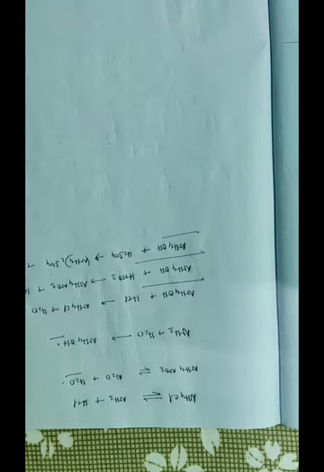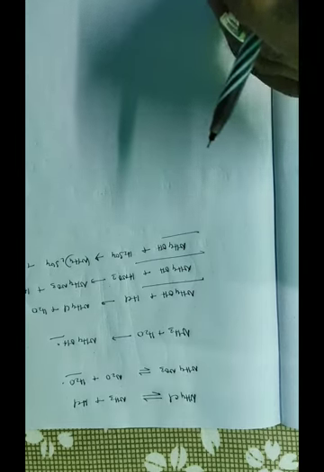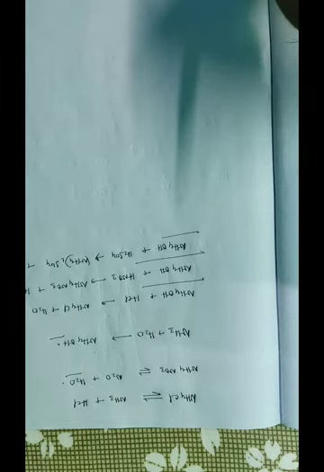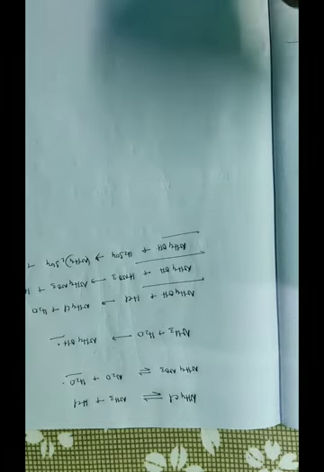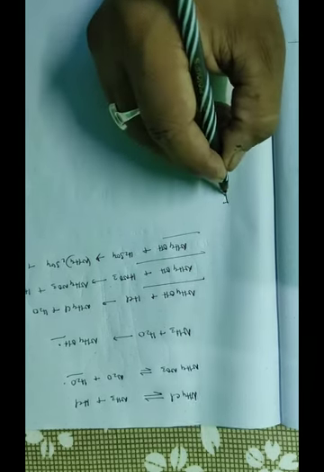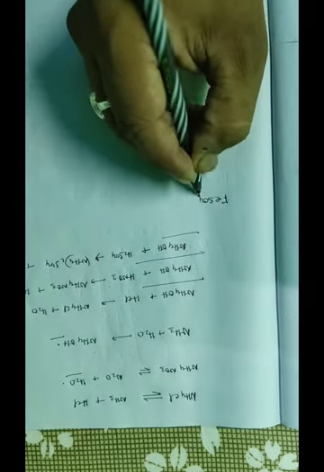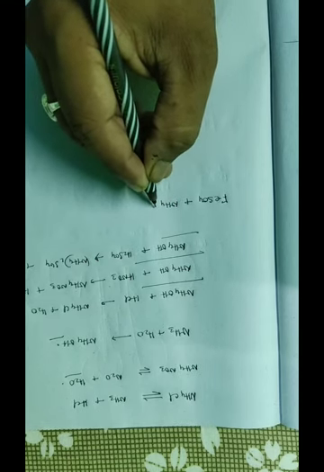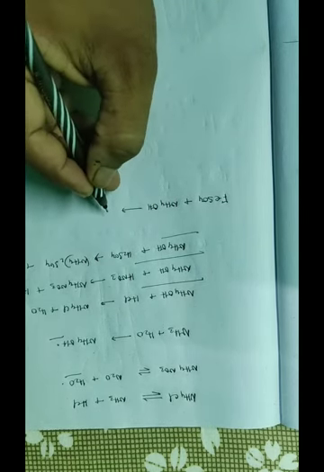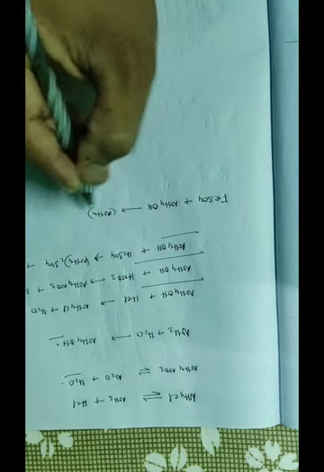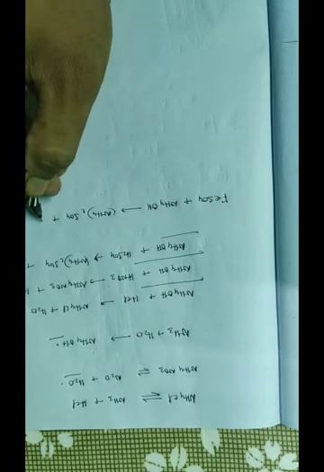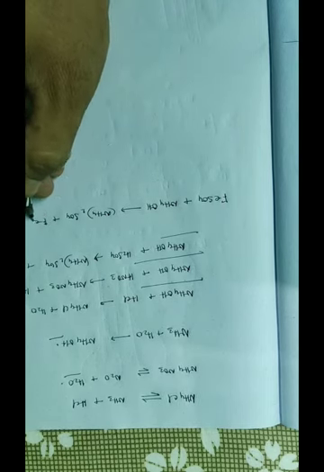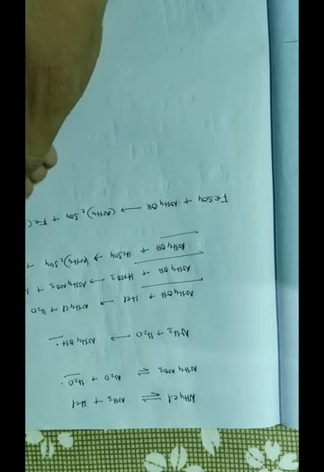Now reaction of aqueous solution of ammonia with soluble metal salts. Ammonium hydroxide, see this table, I have to explain to you right now. Aqueous solution means what? That is your ammonium hydroxide. Say metal salts such as ferrous sulfate plus NH4OH. What will be the product? Ammonium sulfate plus ferrous hydroxide.